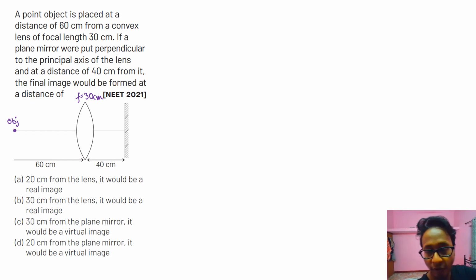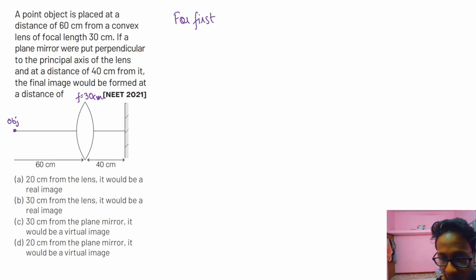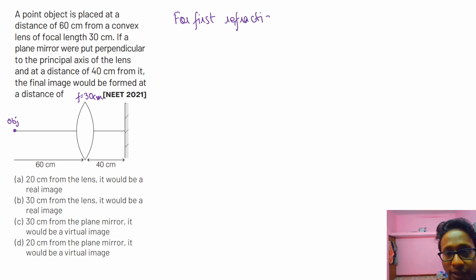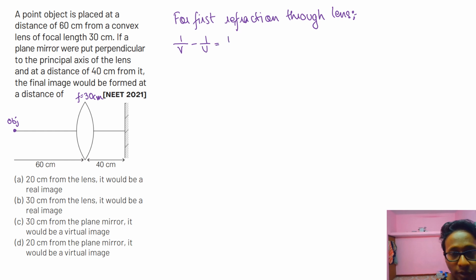So if we apply the formula for the first refraction through the lens, what is the lens formula? 1 by v minus 1 by u is equal to 1 by f.